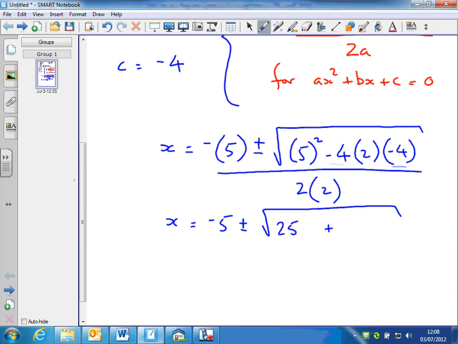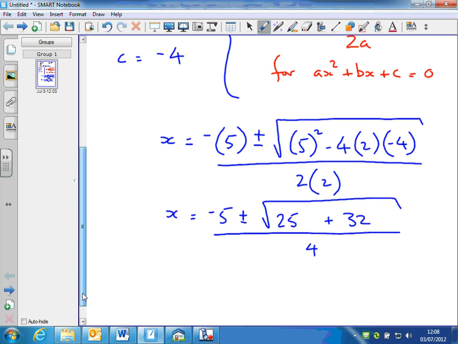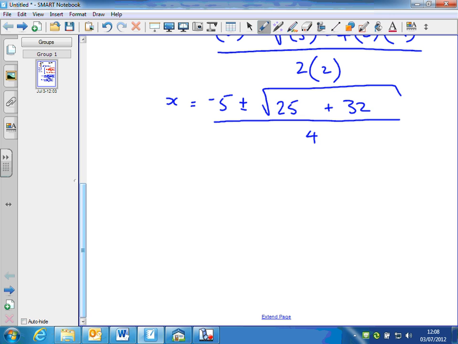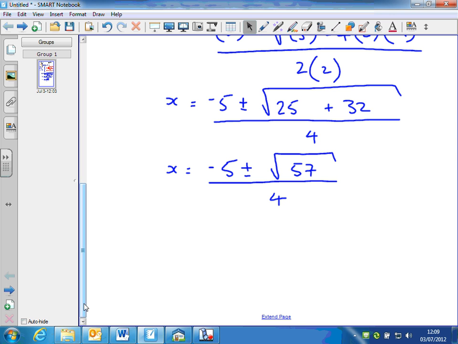So you end up with plus 32, all over 2 twos are 4. Then carrying on, x equals minus 5 plus or minus the square root of 32 plus 25, which is 57, all over 4. Now we can plug this into the calculator.